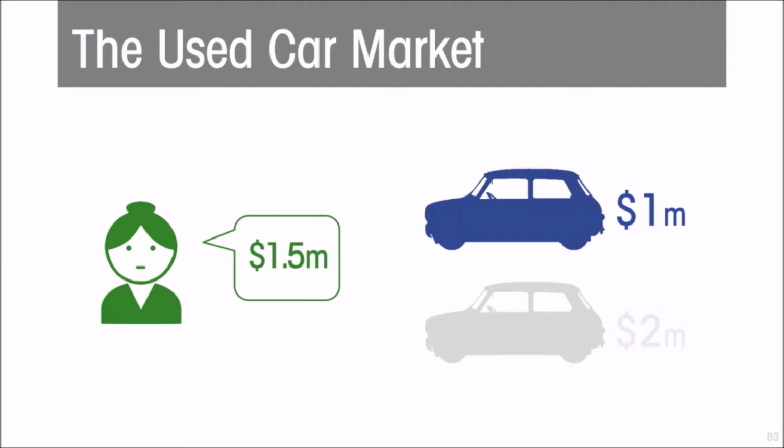That market where people are offering the expected value, the average value they expect to get from the purchase, is not a good market for people that have the better quality cars. So the better quality cars will tend to exit the market, and only the poorer quality used cars remain in the market.